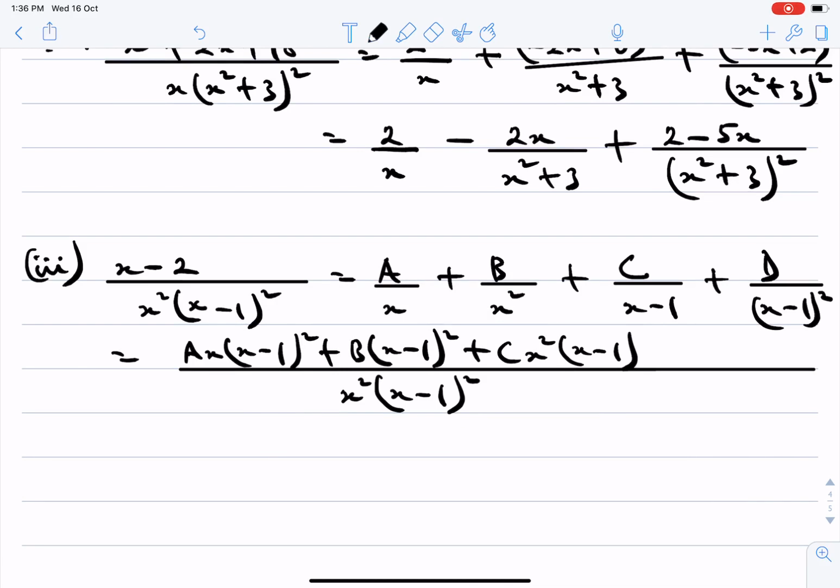So a times x times (x minus 1) squared plus b times (x minus 1) squared plus c times x squared times (x minus 1) plus d times x squared.